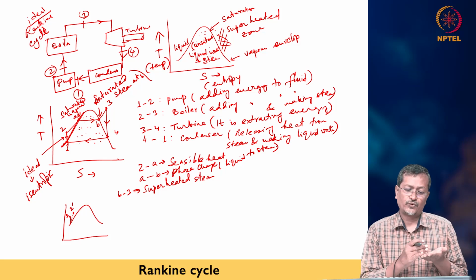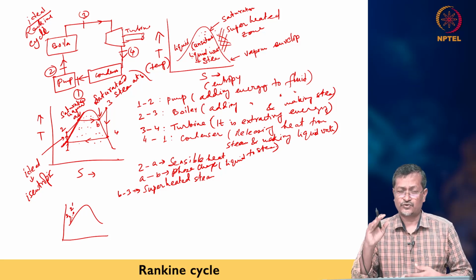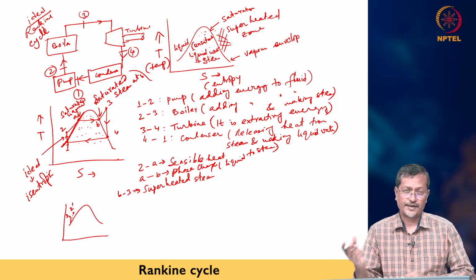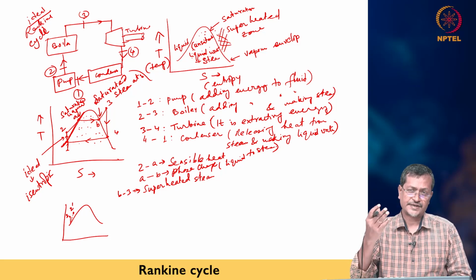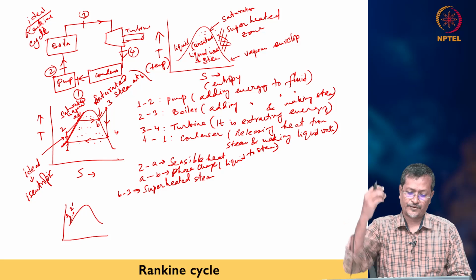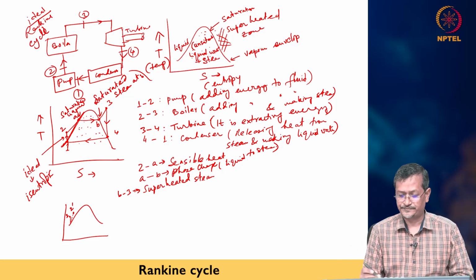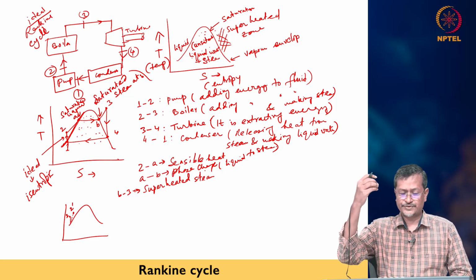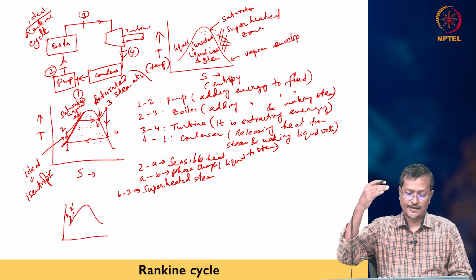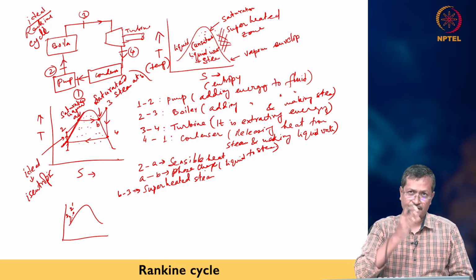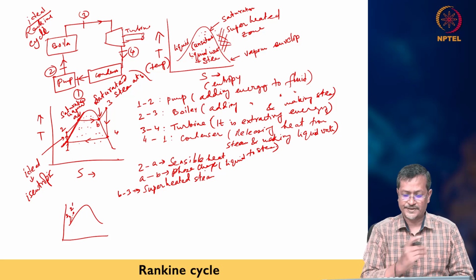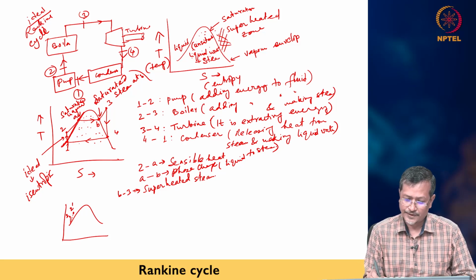Now you increase the temperature further without changing the pressure. Your temperature and entropy both increase, so you reach point 3, that is called superheated steam. If you want to reduce the temperature and make liquid, the temperature will come down to B, then it will again start forming liquid droplets.